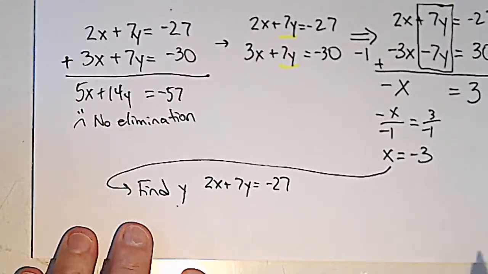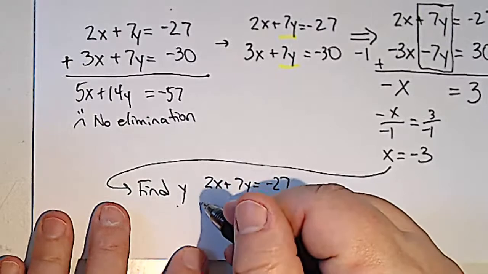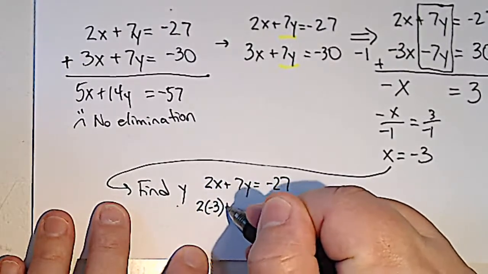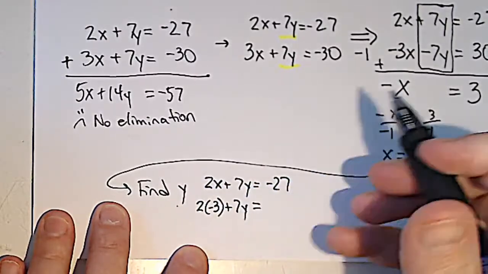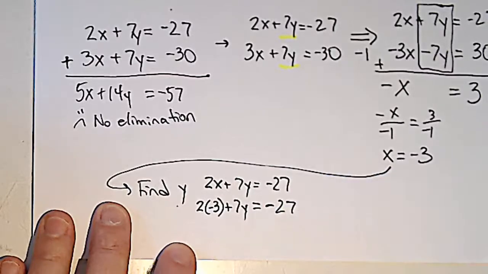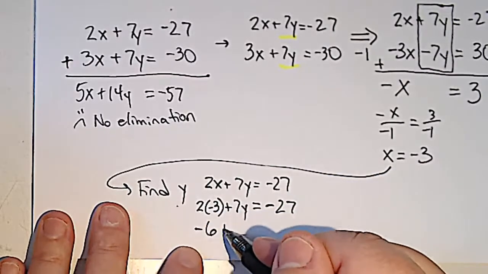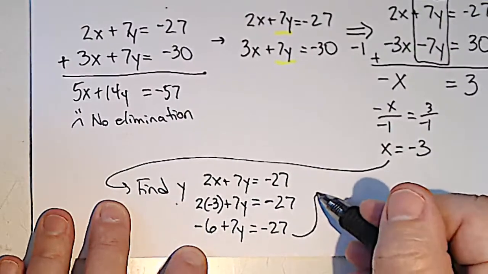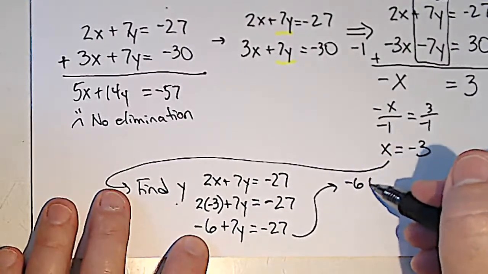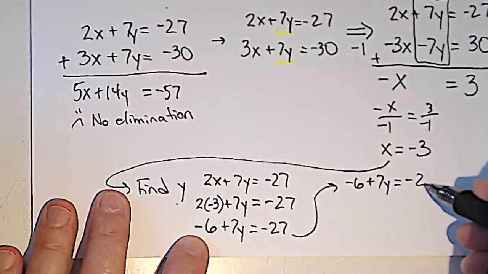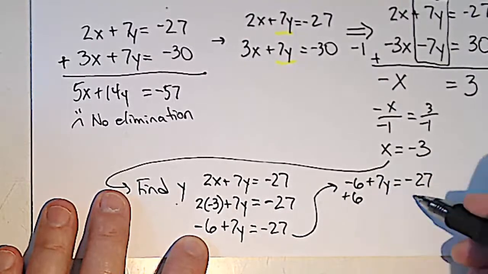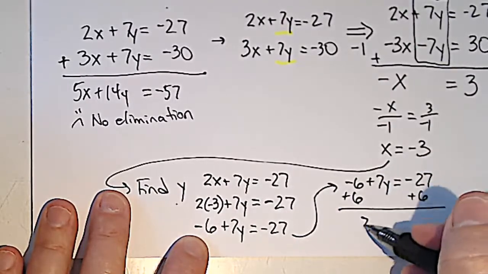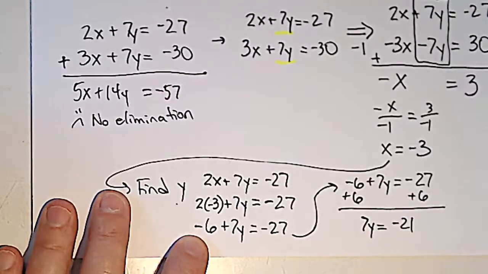And I know from this that x equals -3. So let's see, -6 plus 7y equals -27. Add 6 to both sides: 7y equals -21.